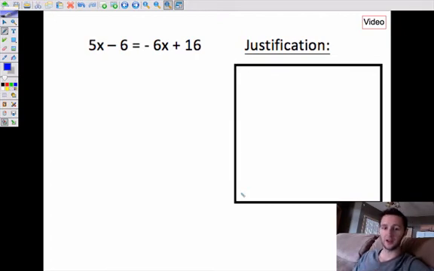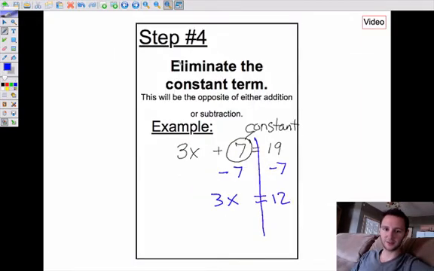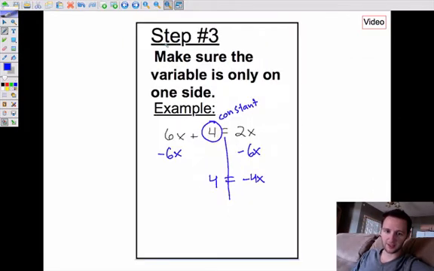If you go back, step 1 was eliminate parentheses. We don't have any parentheses, so that step is done. So we're on step 2, combine like terms on both sides. We don't have any like terms over here. We don't have any like terms over here. So we're on step 3. Make sure the variable is only on one side.